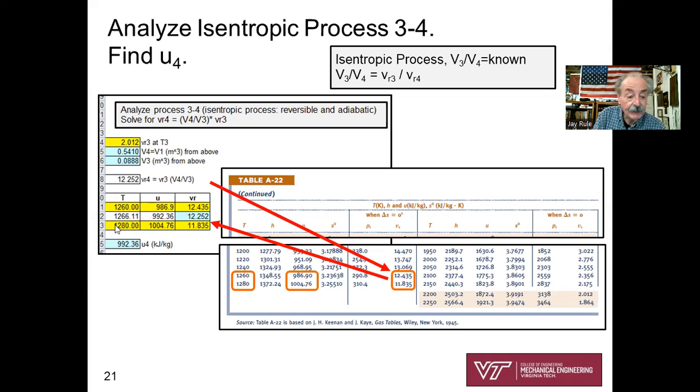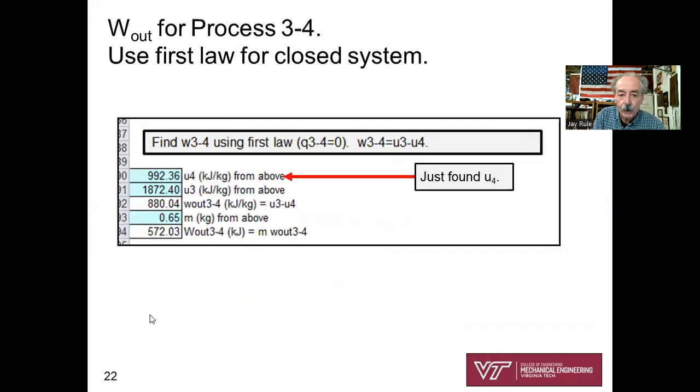Now, I found T4 as well, but you don't even have to find it. If you're doing this by hand, pencil and paper, you don't even need to find T4 because you're really looking for U4 to apply the first law for process 3 to 4. We'll use the first law to determine W out for 3 to 4, because remember, process 3 to 4 is reversible and adiabatic.